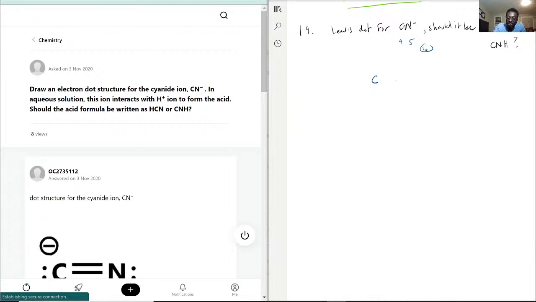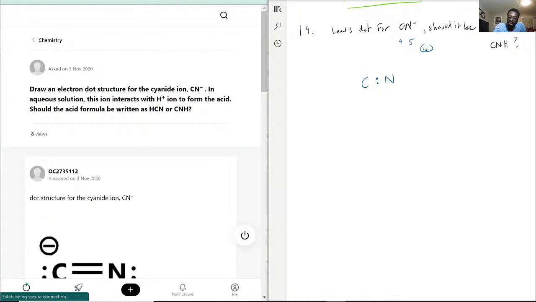Okay, so let's try that again. Carbon, nitrogen, so Lewis dot. That's just first, they know they have a bond in there. Now we need to make up for still 10 of these.